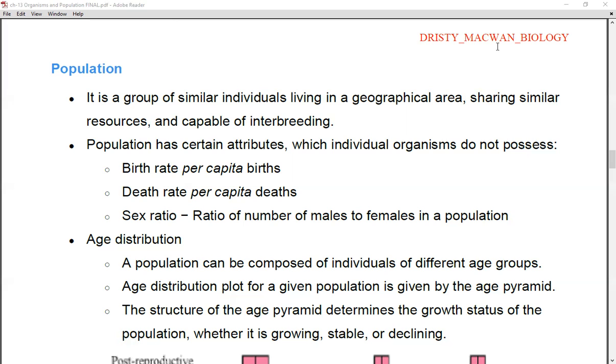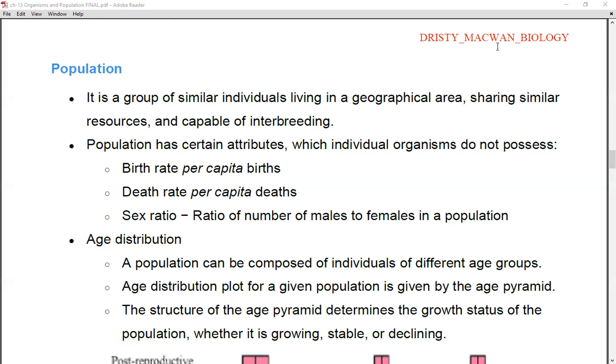So the first is the birth rate, per capita births. That means how many births are taking place, and the birth rate is calculated on the basis of how many births have taken place. In the same way, for the death rate, how many deaths have taken place, based upon that the death rate is calculated.